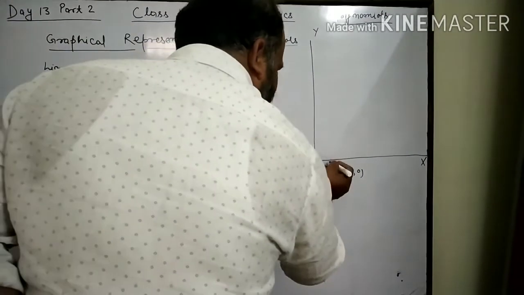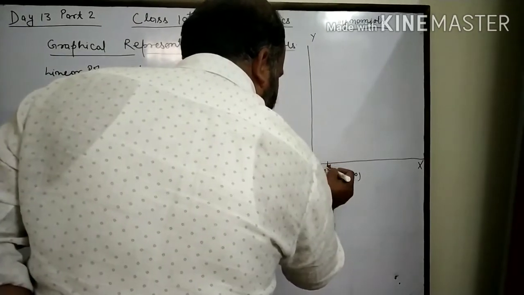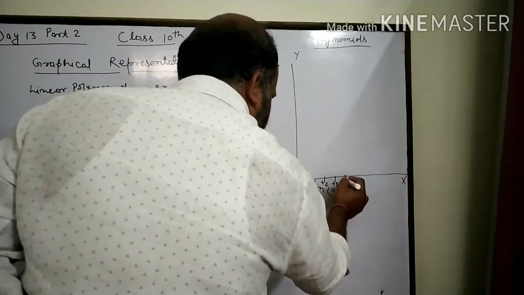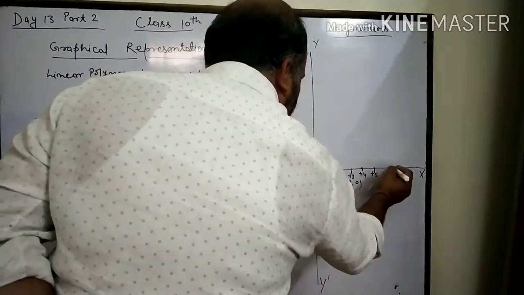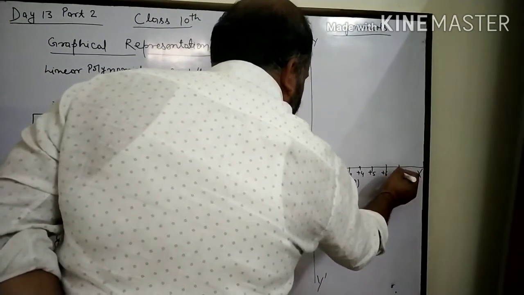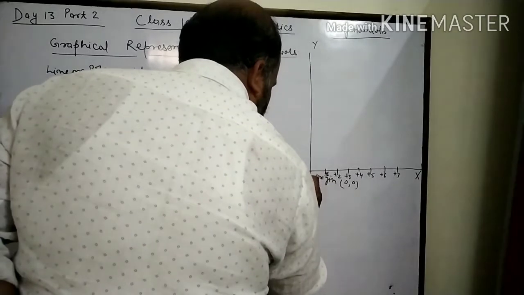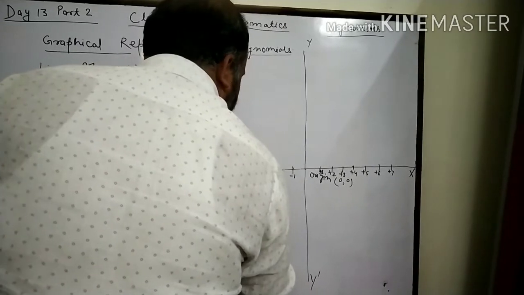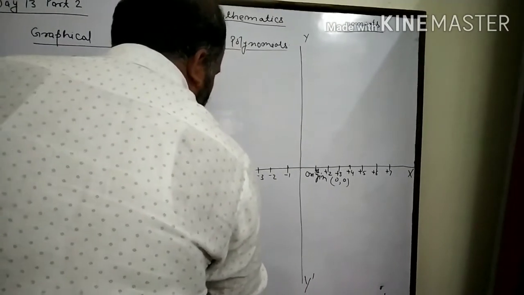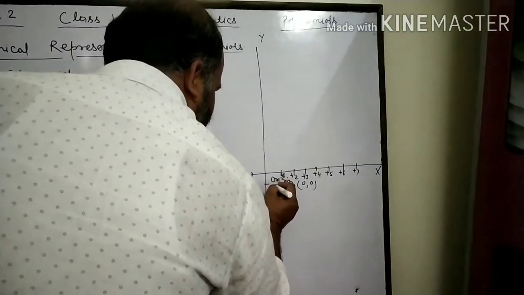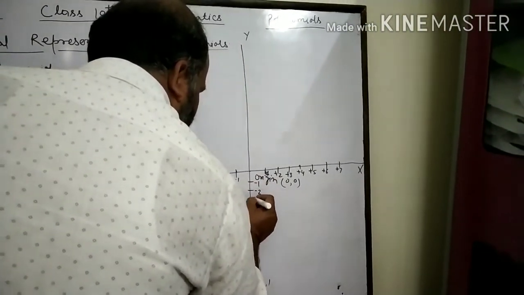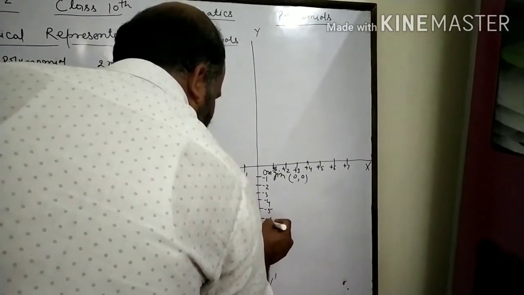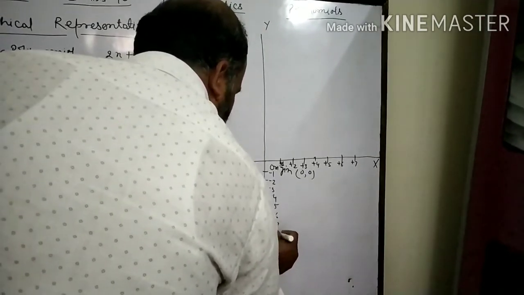You know that on the x axis on the right side we have +1, +2, +3, +4, +5, +6, +7. Here on the left, -1, -2, -3, -4, -5, -6, -7, -8.